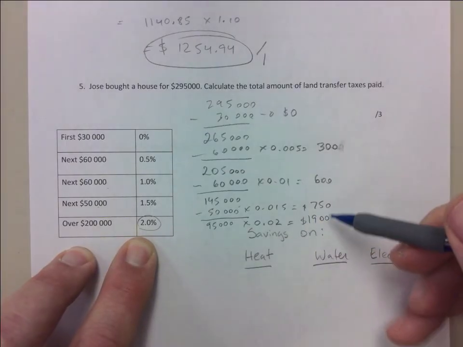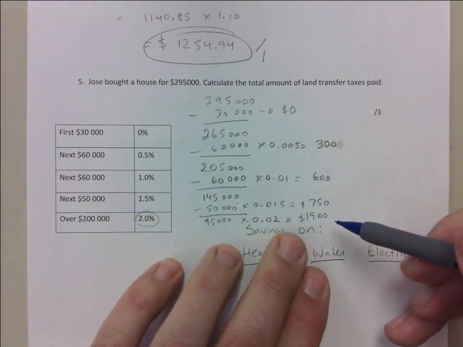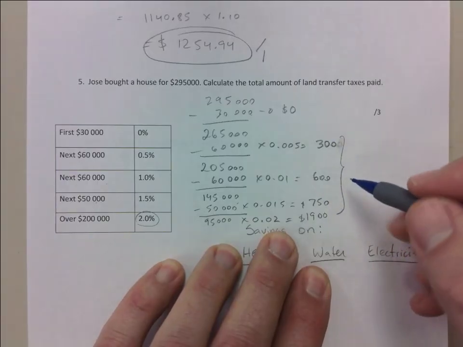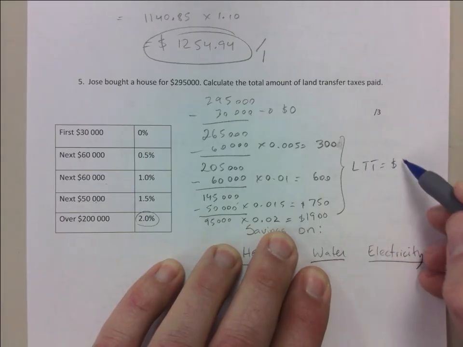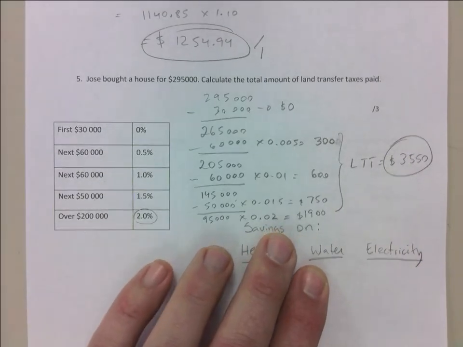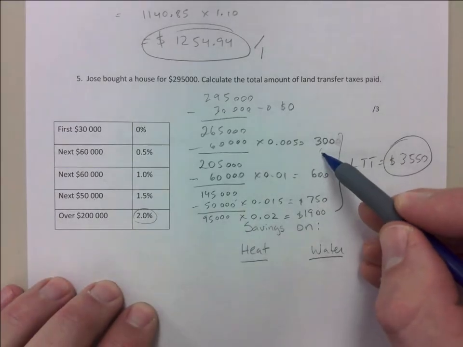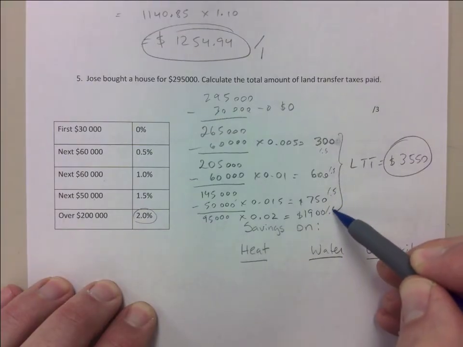So that's when it starts getting expensive, when you go past the 200,000 mark. So if you add all of this up, you get a land transfer tax of $3,550.